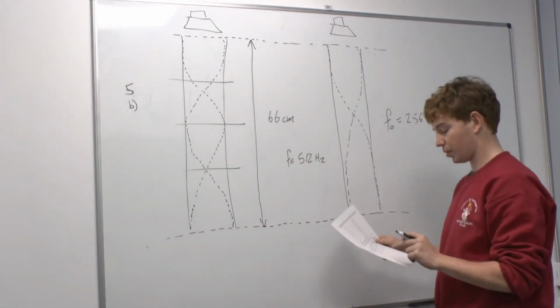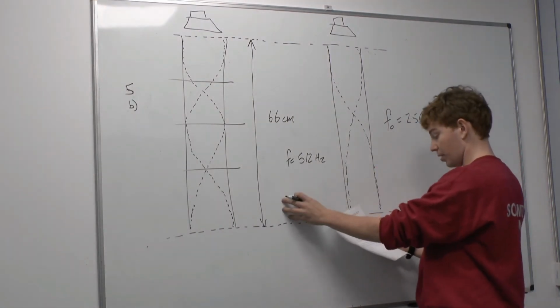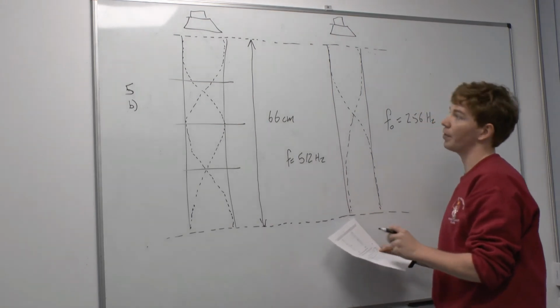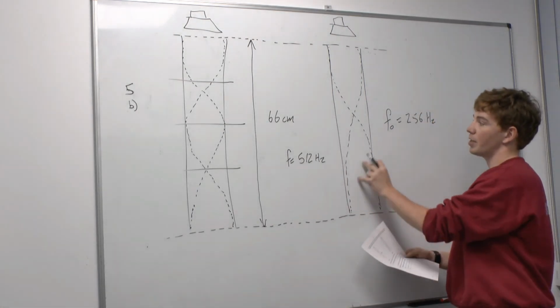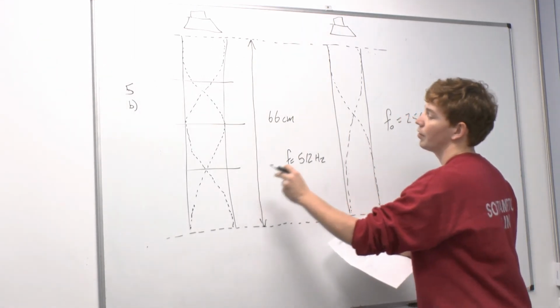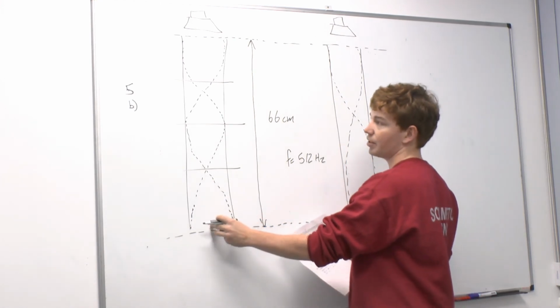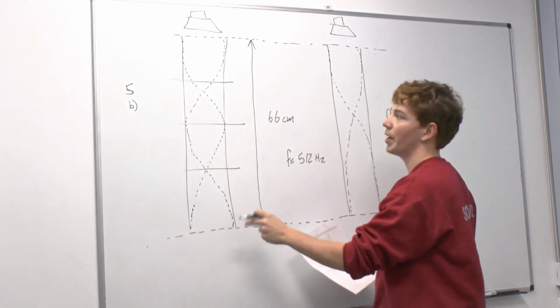Okay, so the last part of this question says explain why the stationary wave in this part is the second harmonic for an open pipe. So just like I was saying, this is our fundamental frequency, this is our second harmonic. The reason why this is only our second harmonic is that, like I said, we've got to have an antinode at both ends of this tube because it's got open ends.